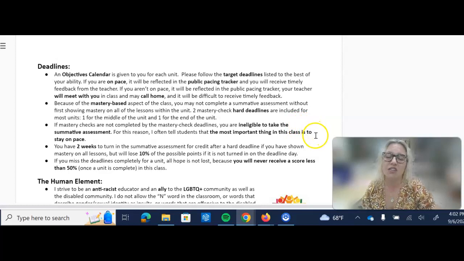For this reason, I often tell students that the most important thing in this class is to stay on pace. You have two weeks to turn in the summative assessment for credit after a hard deadline if you have shown mastery on all the lessons, but will lose 10%. If you miss the deadlines completely, all hope is not lost because you'll never receive a score less than 50% once a unit is complete in this class.